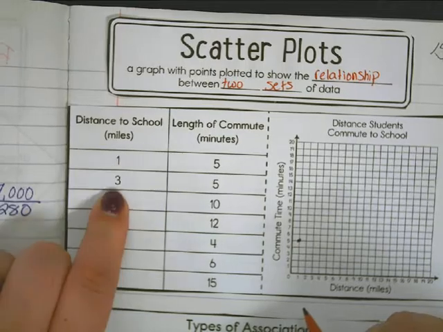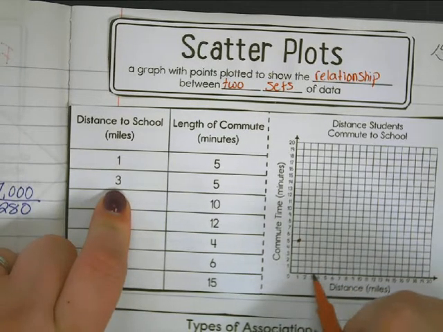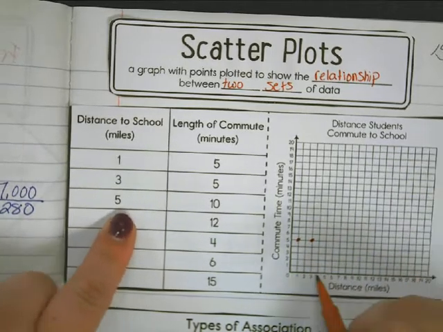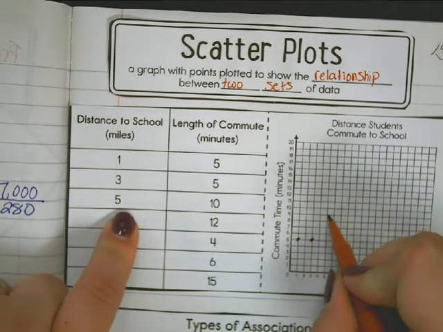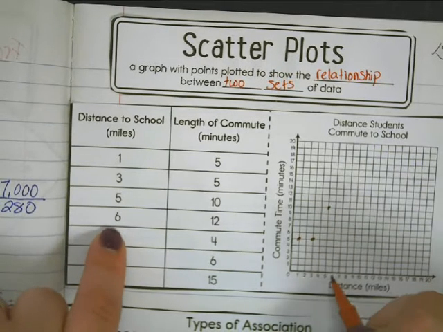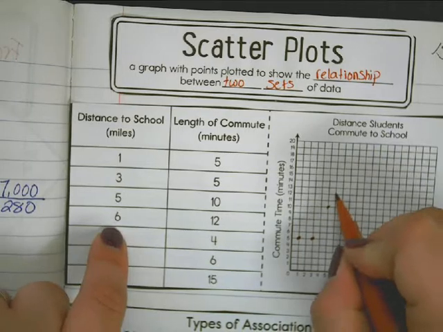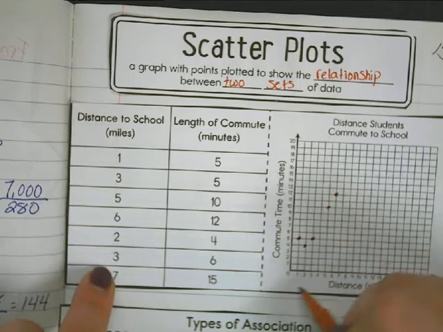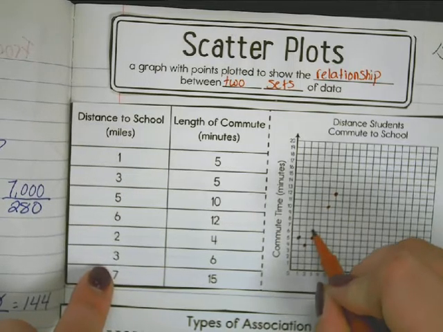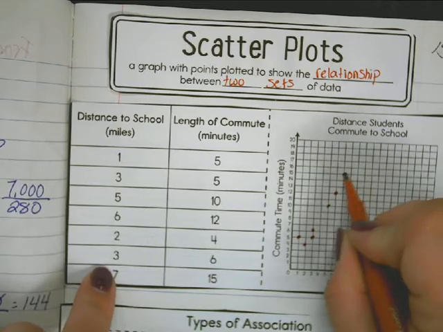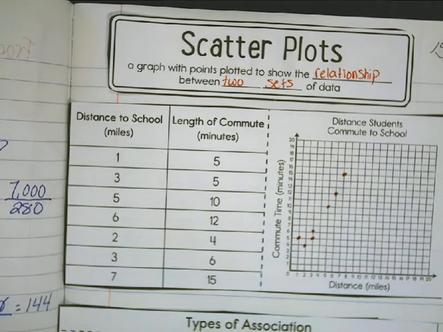My next one is 3, 5, so I go over to 3, up to 5, place a dot. 5, 10, go over to 5, up to 10. 6, 12, over to 6, up to 12. 2 to 4, 3 to 6, 7, all the way up to 15. So that is how you construct a scatter plot.